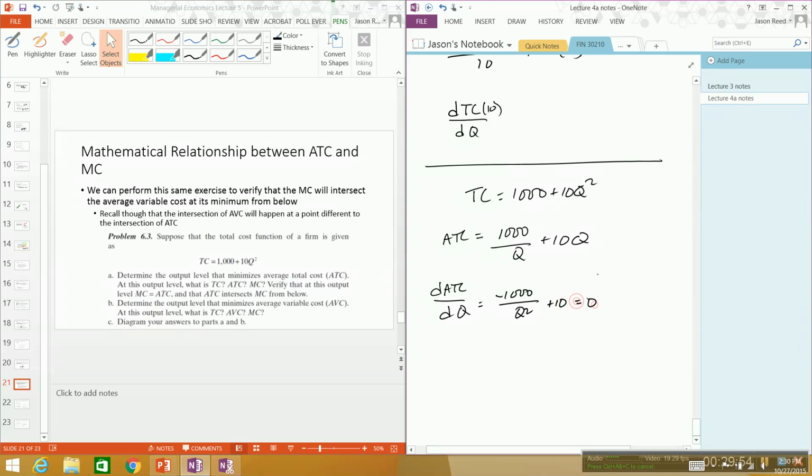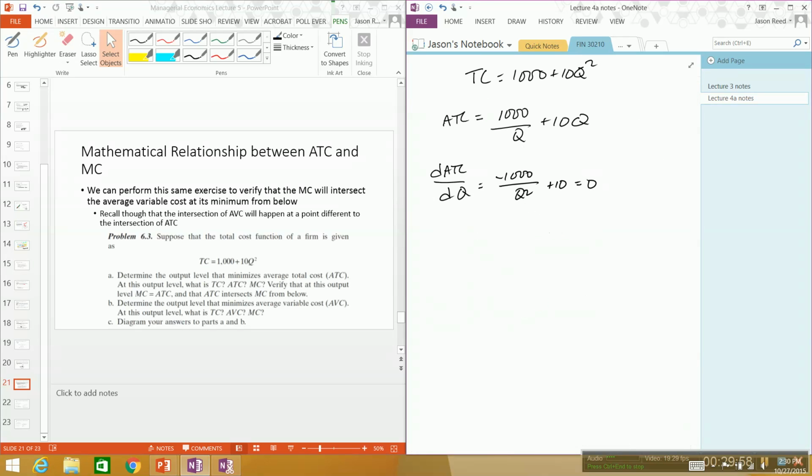That should be equal to 0. So let's solve some things out here so that we get 10 is equal to 1,000 over Q squared. So that we have 10Q squared is equal to 1,000. So Q squared is equal to 1,000 divided by 10. So we get Q squared is equal to 100.